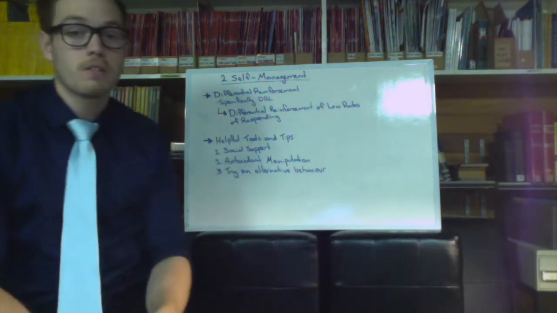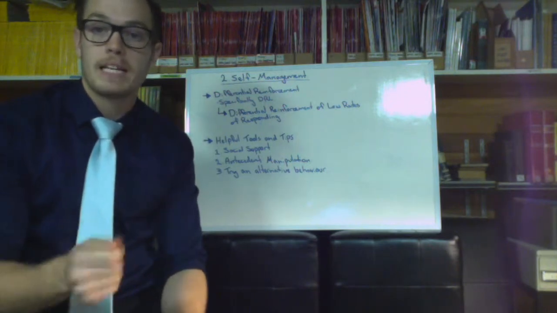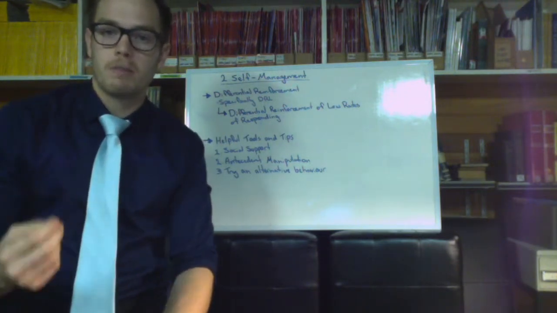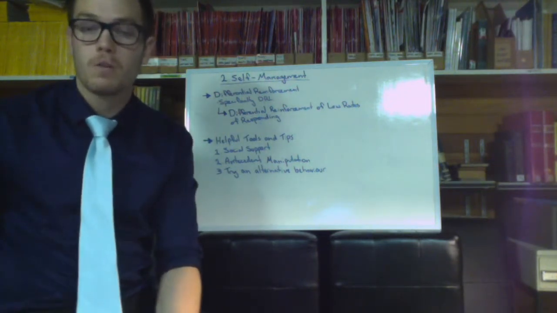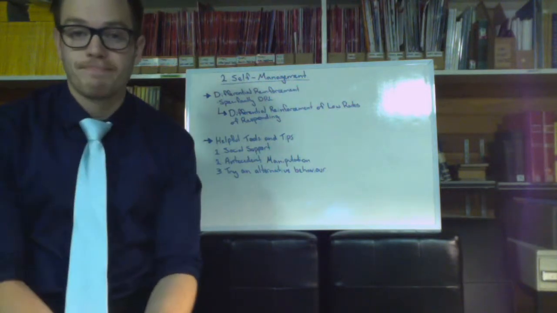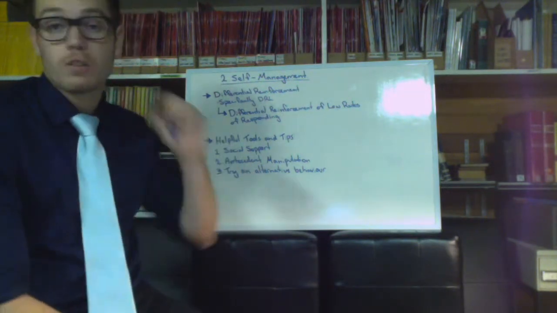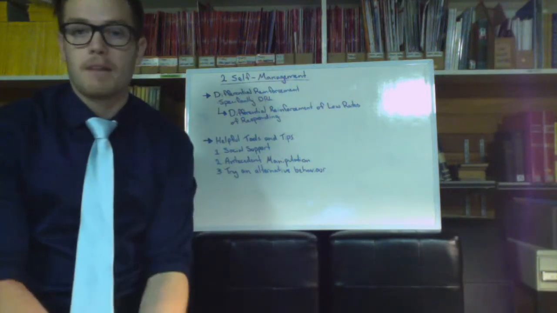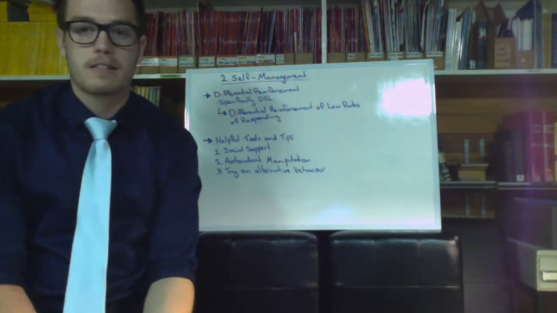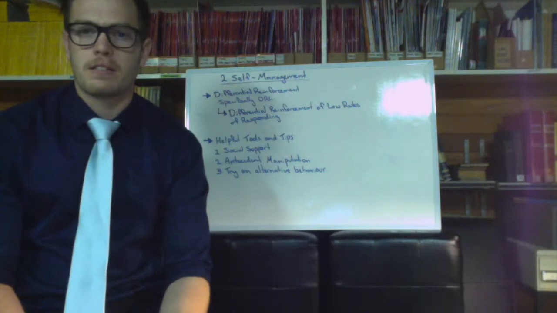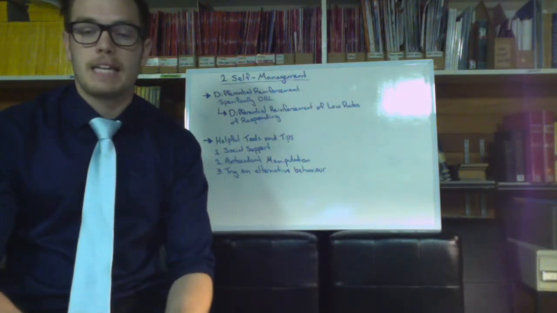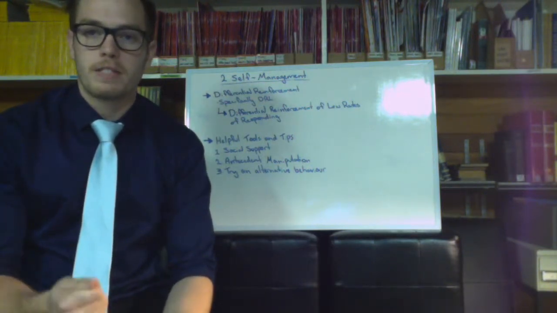Antecedent manipulation could involve removing any stimulus that triggered you to smoke. This could include having a lighter in your pocket or having cigarettes in your jacket. And finally, trying to find an alternative behavior.